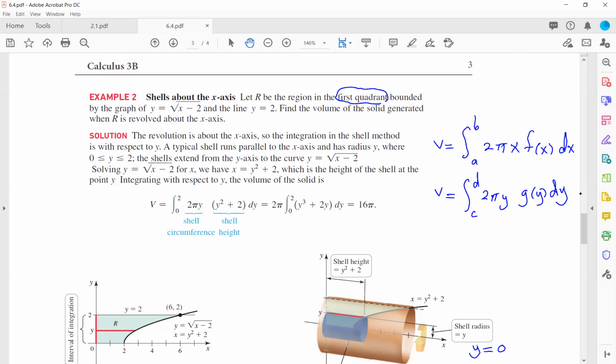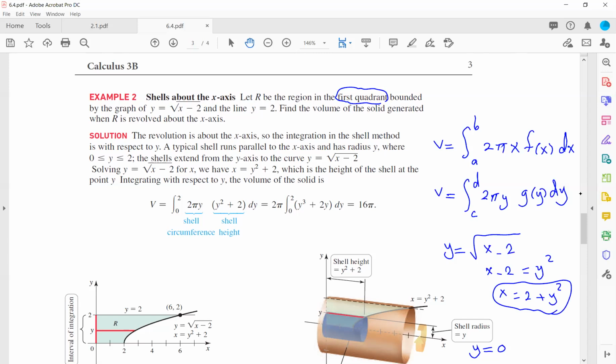Very well. My function is y equals the square root of x minus 2. First, I have to write x in terms of y. Y is the square root of x minus 2, so x minus 2 is equal to y squared, or x is 2 plus y squared.